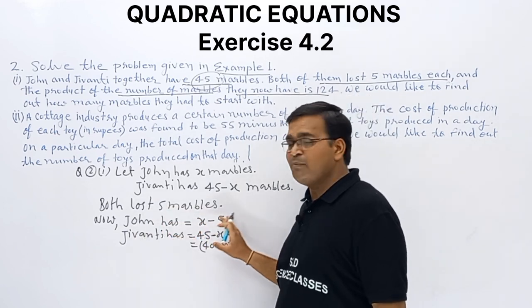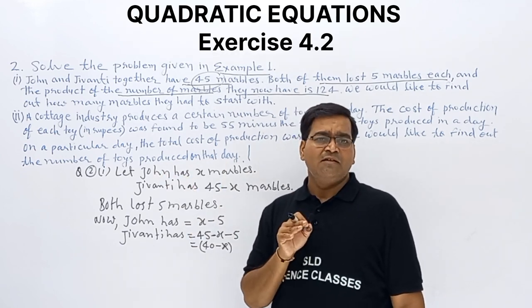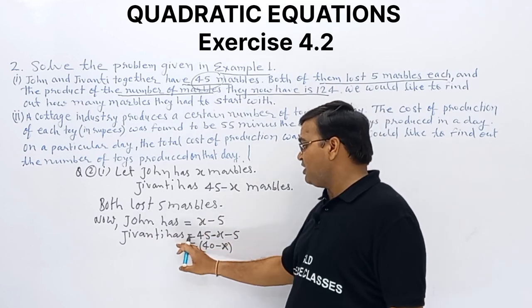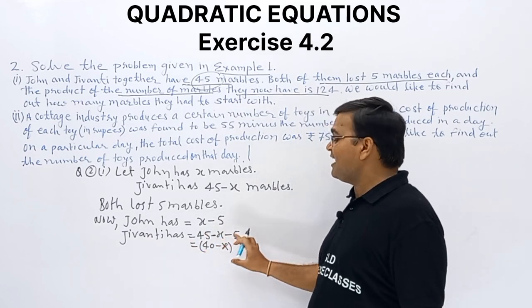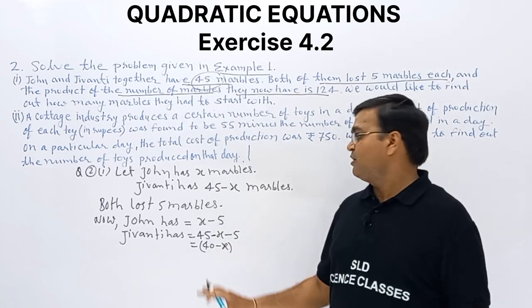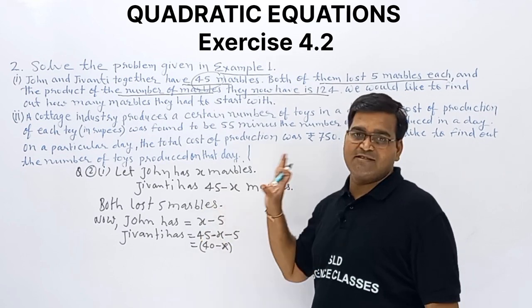Then John has X minus 5, and Jivanti has 45 minus X minus 5. So the result will be 40 minus X. After the loss, John and Jivanti have these marbles.